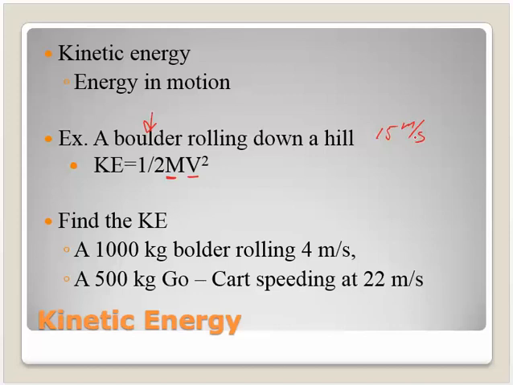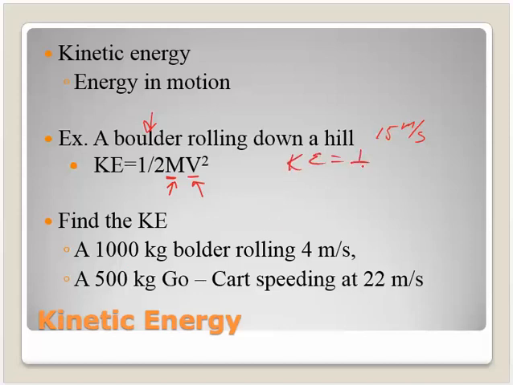So if I were to relate kinetic energy to an example, I'd have to relate the mass to something and the velocity to something. So a car has kinetic energy because the car is the mass, and if it's moving, it has velocity. Examples here. I'm going to write my equation here.